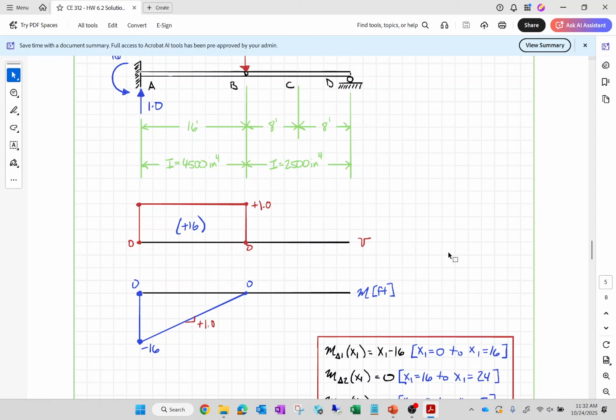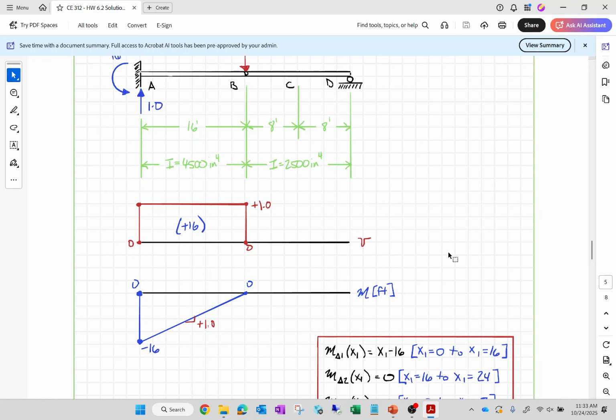This is the moment diagram. So here's what's going on. Okay? I'm going to draw this a little bit lower. Here's what's going on. Here's my real structure. Everybody see the real structure? Okay.